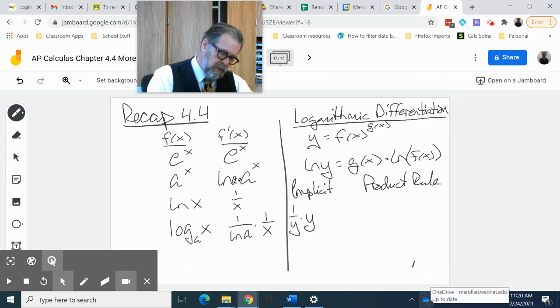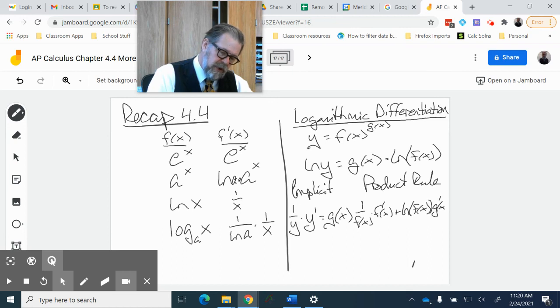It would be 1 over y times y prime is equal to, well, u dv plus v du, which would be 1 over f of x times f prime of x times g of x, plus natural log of f of x times g prime of x. And then, of course, don't forget to multiply both sides by y, which is f of x to the power of g of x.